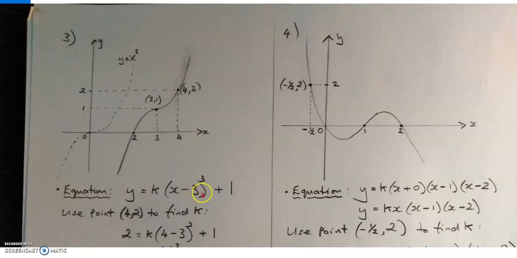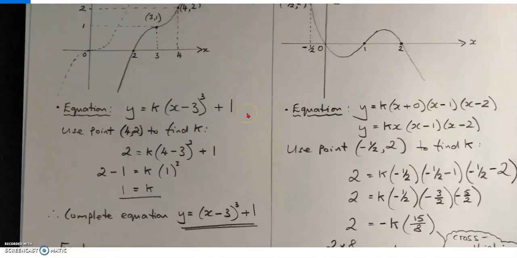The k is going to disappear, and you can't find the value of k if that happens. So you can't use this point. You could use this point, which is 2, 0, and you will get the same value for k as if you use this point here, 4, 2. However, I have used the point 4, 2, and I used it to find k.